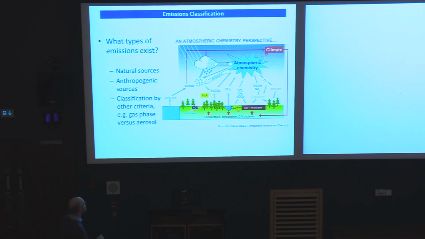So this cartoon here shows some of these processes. They might come, for instance, from the ocean as part of emissions of halogenated or sulfur compounds. They're often of biogenic origin, so you would have volatile organic compounds like isoprene or higher order hydrocarbons entering the atmosphere.